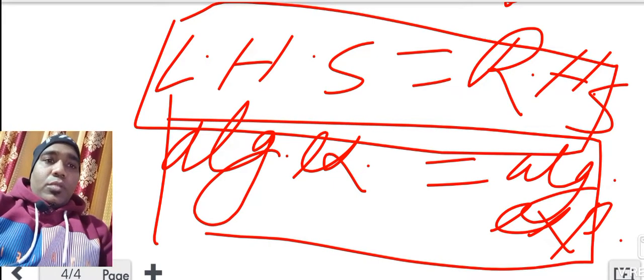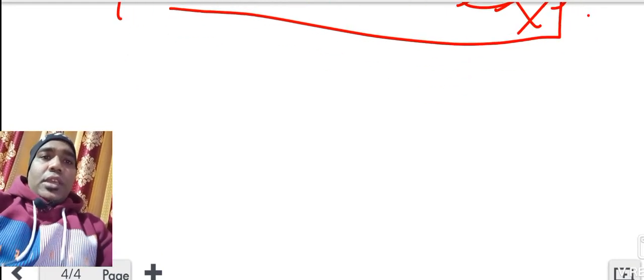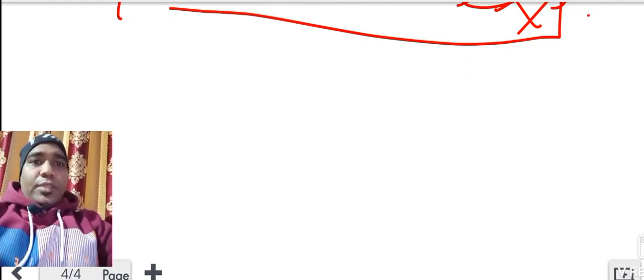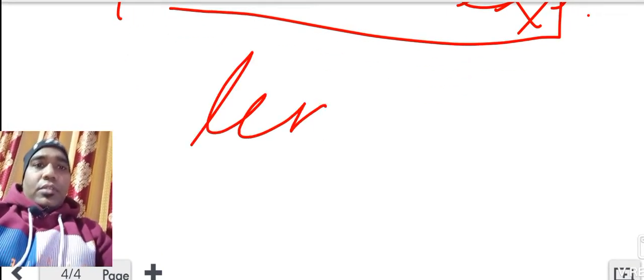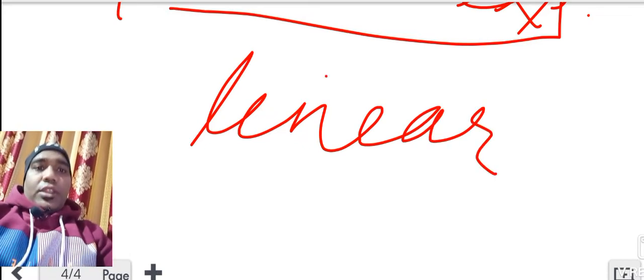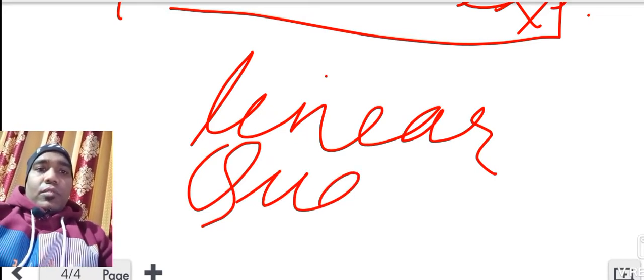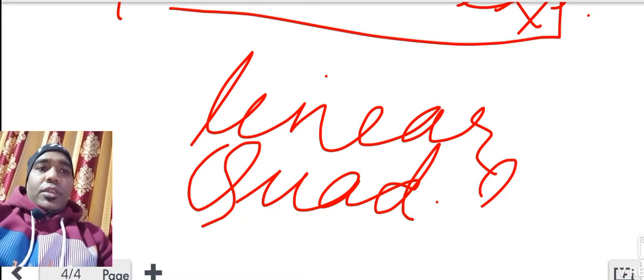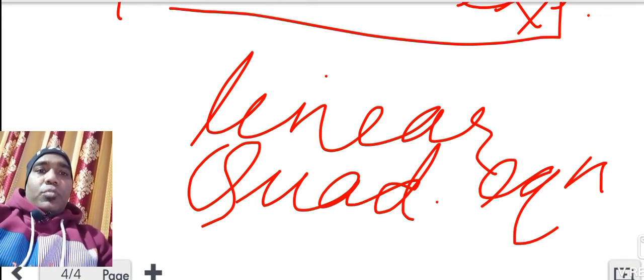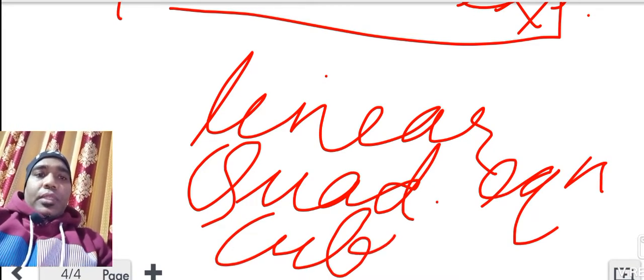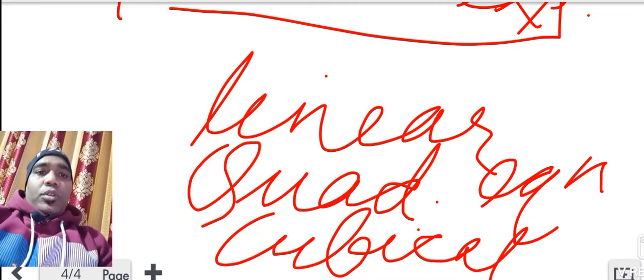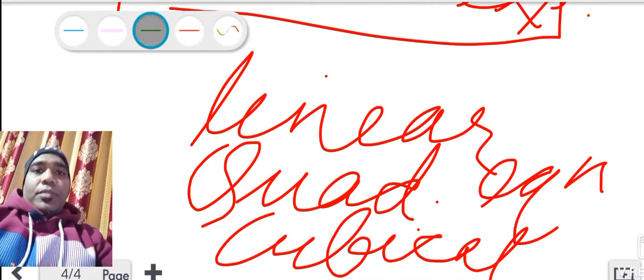Then they are called an equation. Now equations can be of various types: linear equation, then quadratic equation, then cubic equation.